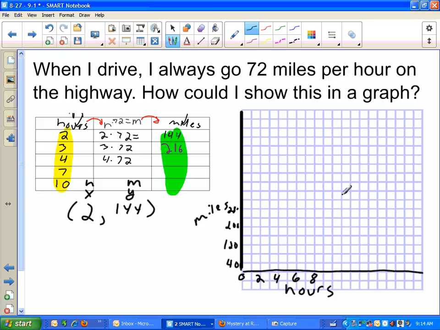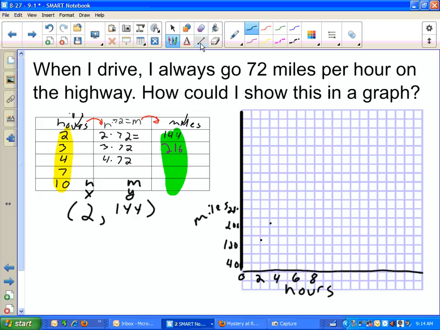So for my very first point here, I know that if I travel 2 hours, I'm going to go 144 miles. So I'm going to put my point somewhere in between 120 and 160. If I travel 3 hours, I'm going to go 216 miles. So somewhere between 200 and 240.